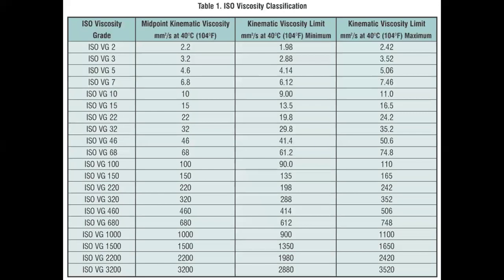So we will examine here, for example, ISO VG 2. The midpoint kinematic viscosity at 40 degrees Celsius is 2.2. The minimum for it will be 1.98, and the maximum in this case will be 2.42.